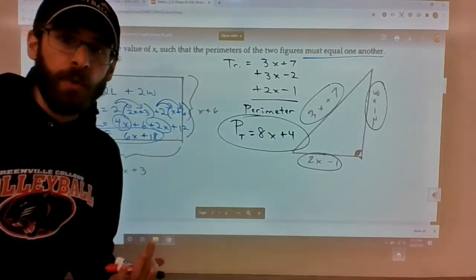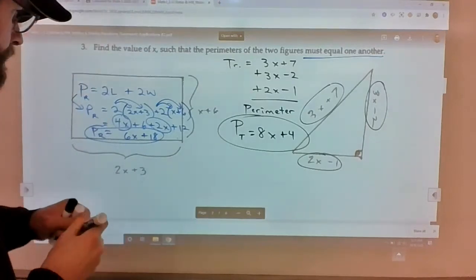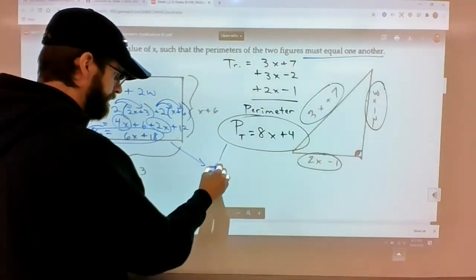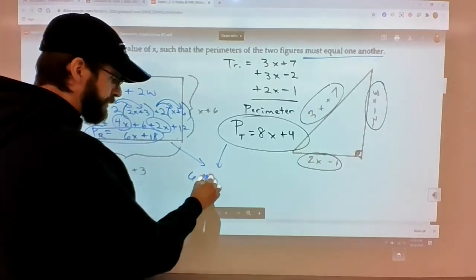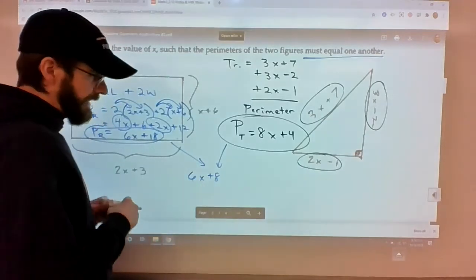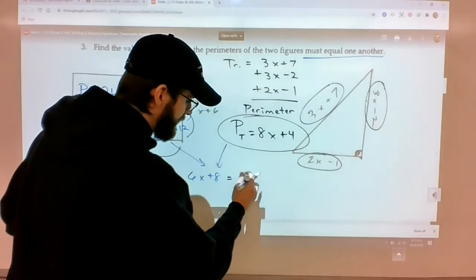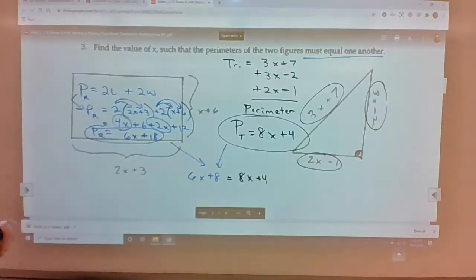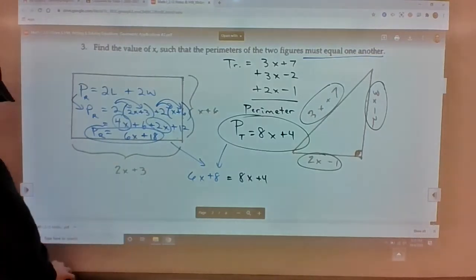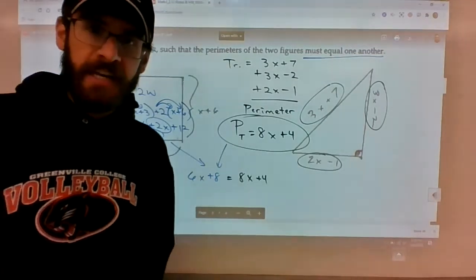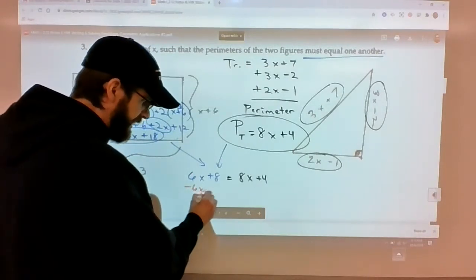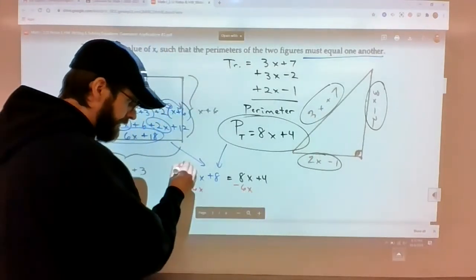So then I set them equal to each other. 6x plus 18 equals 8x plus 4. And now you just got to get x by itself. So I'm going to subtract this 6x from both the left and the right.